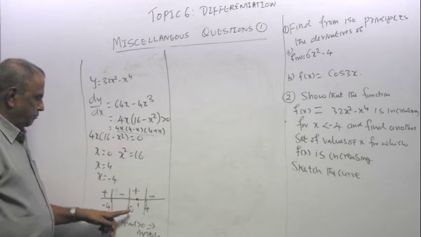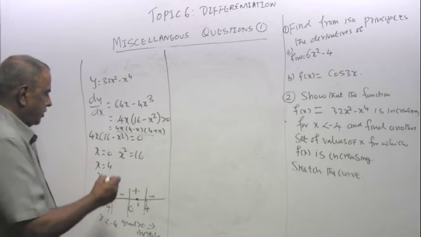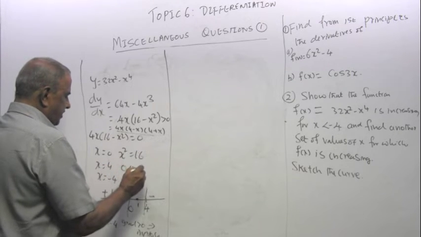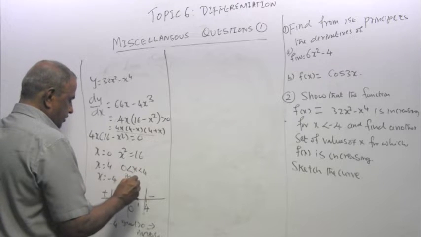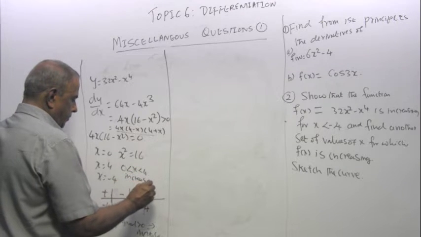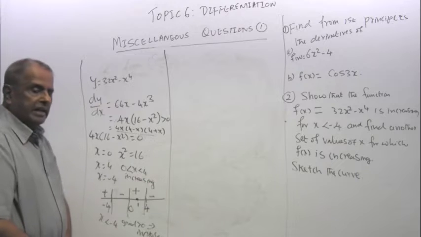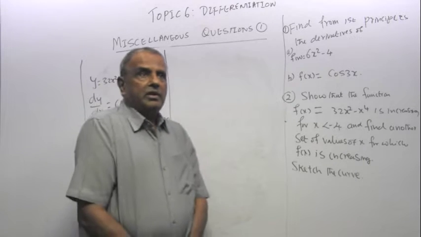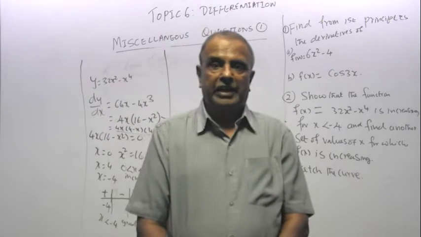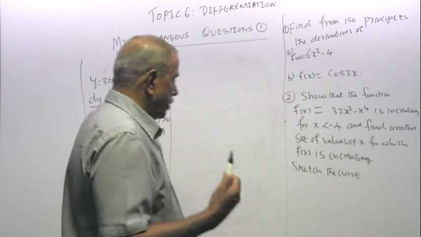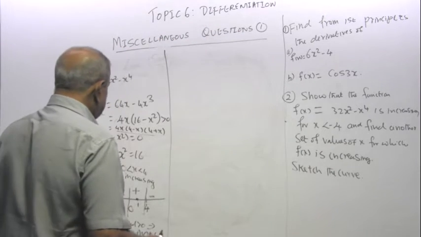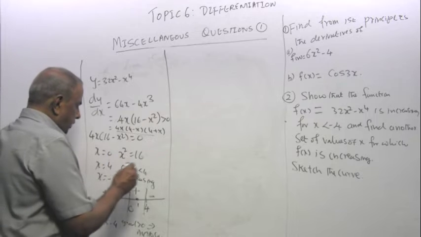Similarly, between 0 and 4, so 0 less than x less than 4, it is increasing function. So whenever you are asked to find an increasing function, find dy by dx, put it as greater than 0 and solve the inequality.